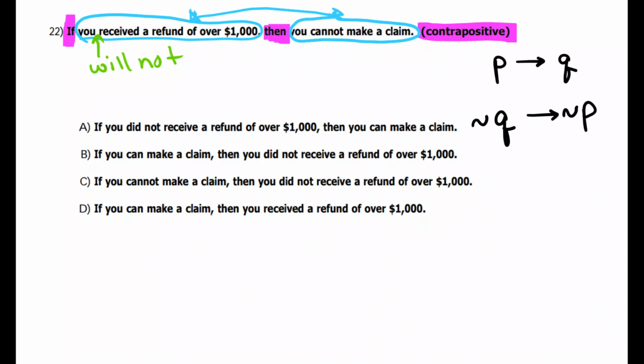And then this one says you cannot, so if I negate a cannot, that's gonna make it a can.